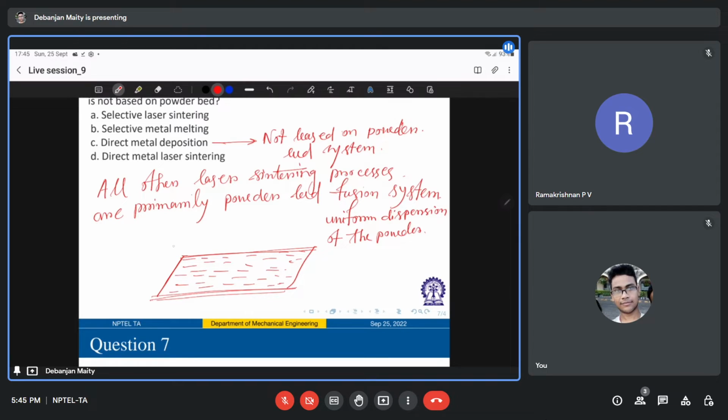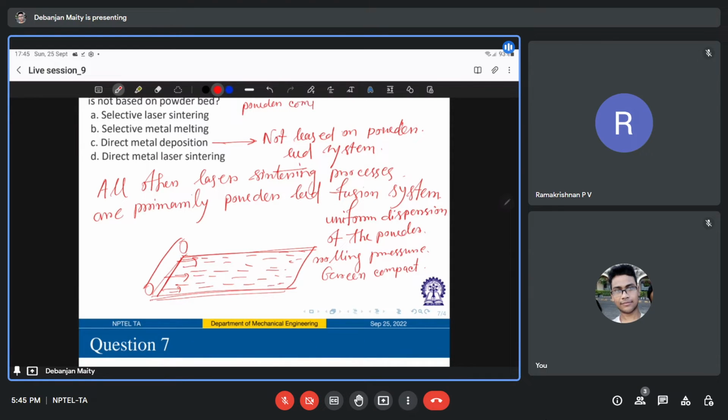So if you have a roller and you roll it over there with some rolling pressure, it can form what you can call a green compact. You know what powder compaction is, right?